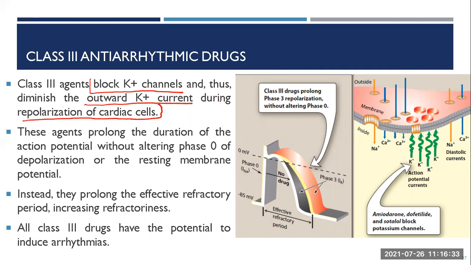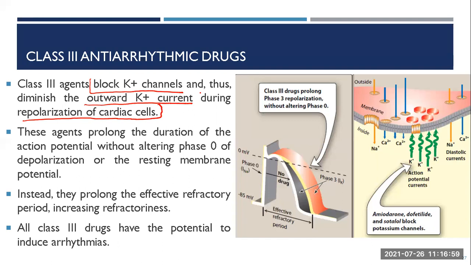So wherever in that particular cardiac action potential the sodium channel is involved, those phases will be affected. In the second case, it is a beta blocker, so there is no question of any channel getting blocked. It has a completely different action from the rest of the drugs.